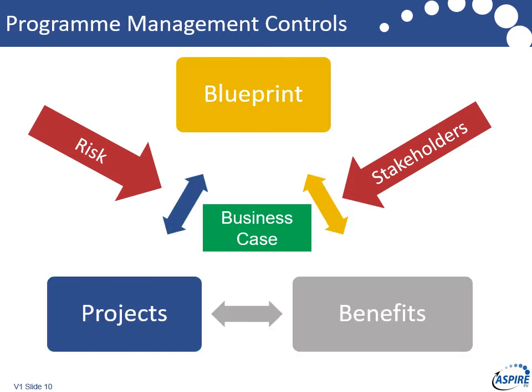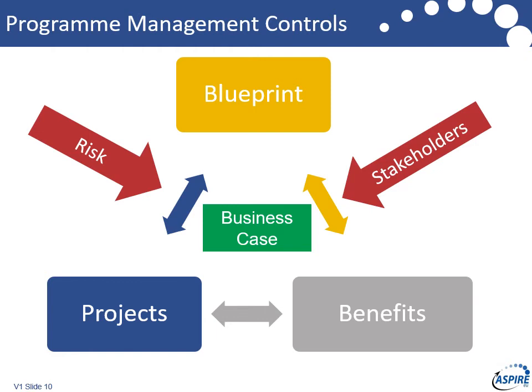Then we move up to the program level, and the dynamic changes, and everything gets a lot bigger. Projects are now basically our cost. We've still got a business case in the middle. We've got many more stakeholders and much bigger risk. We have benefits, which are a much more detailed definition of the good stuff that's going to happen. And then we have the idea of the blueprint or the target operating model.